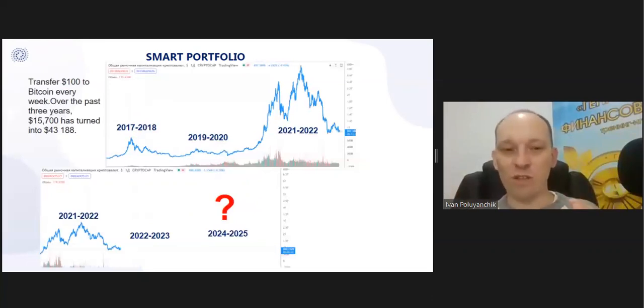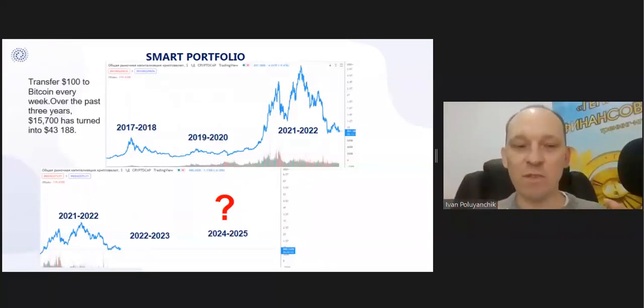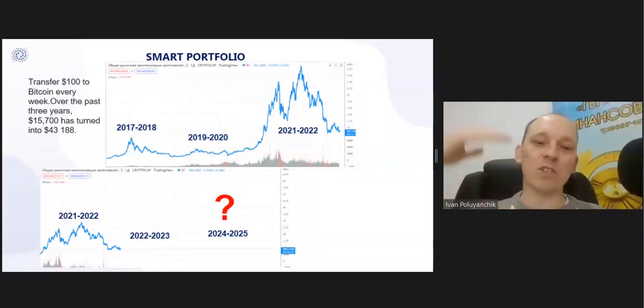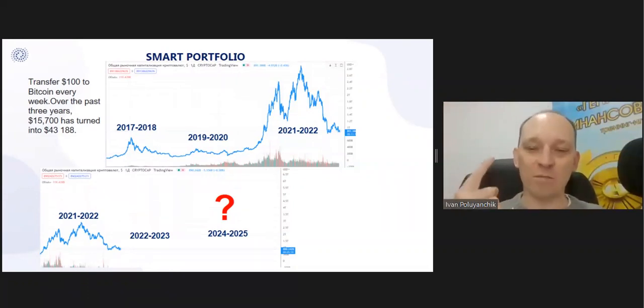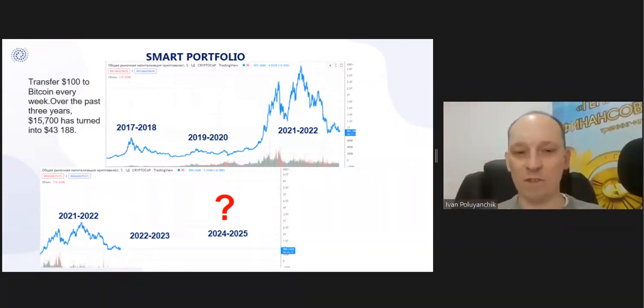Look, the market develops in cycles. So the previous cycle was from 2017 to 2018, and over 1 year it grew by 20 times. It was an euphoria.